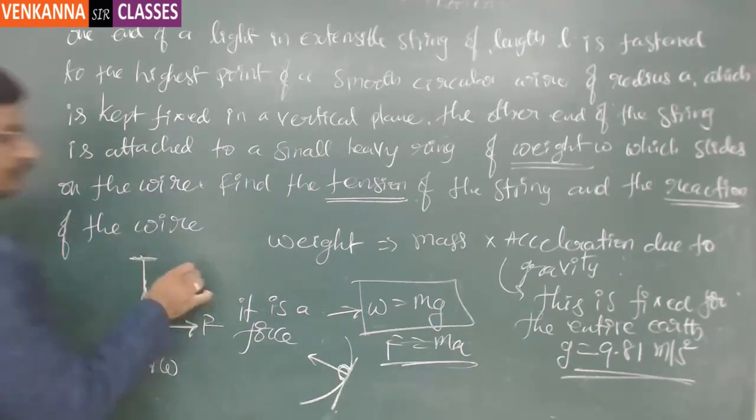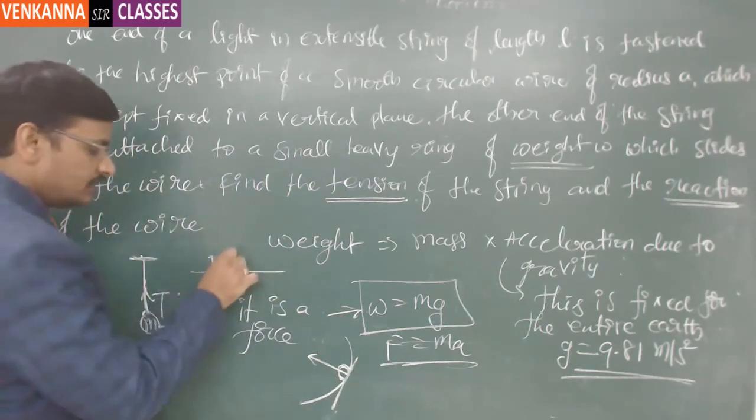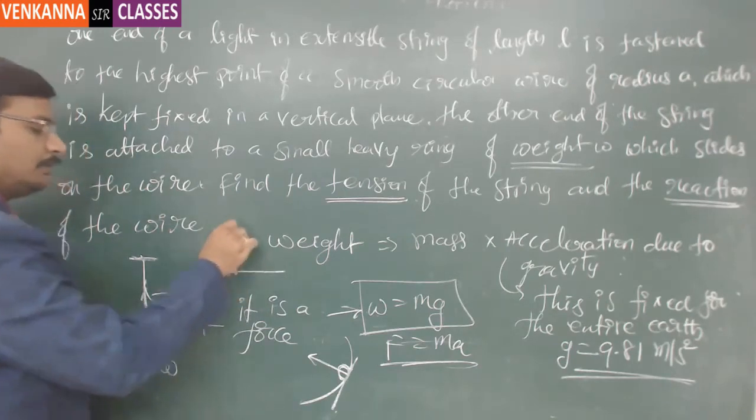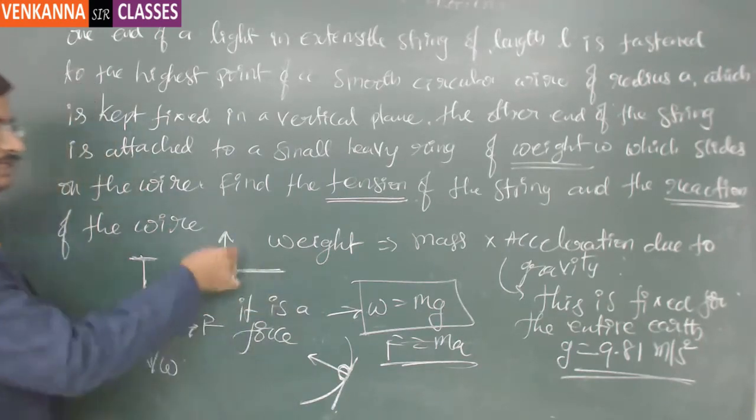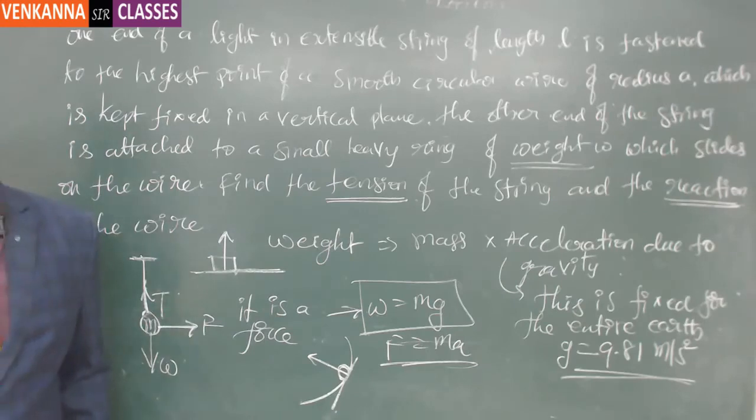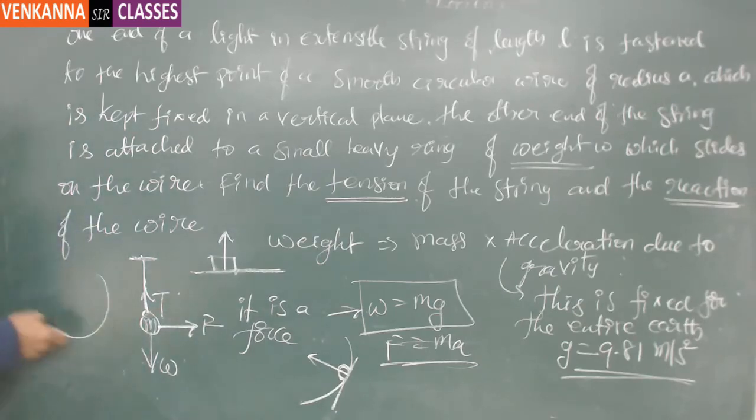If there is a flat surface like this and a body like this, the reaction will be perpendicular to the surface where the body is standing. Now suppose I have a rod like this. At this point, draw a tangent like this, and perpendicular to the tangent, the reaction will be there. Even here, this is the tangent and this is the normal direction, perpendicular to this surface.